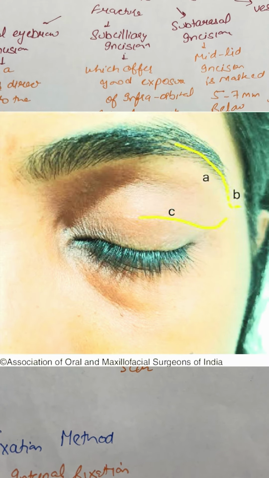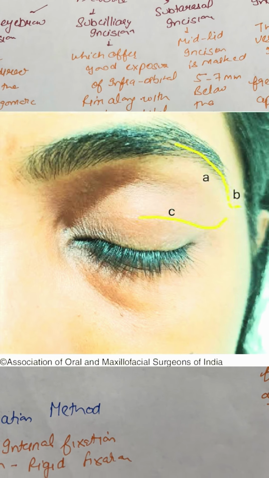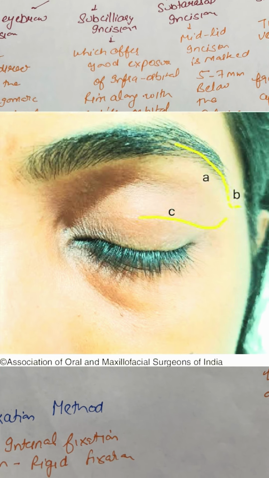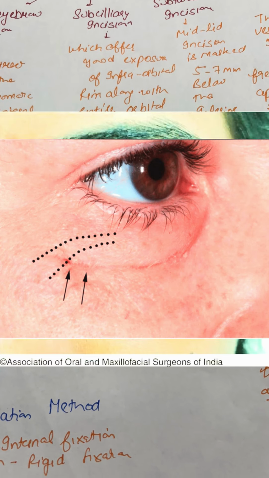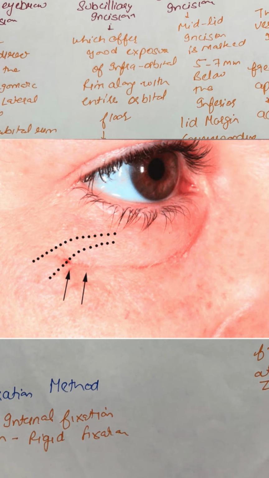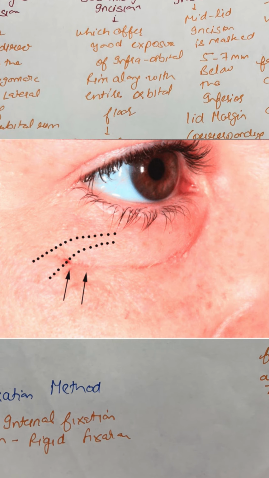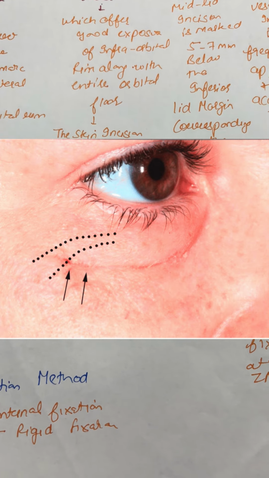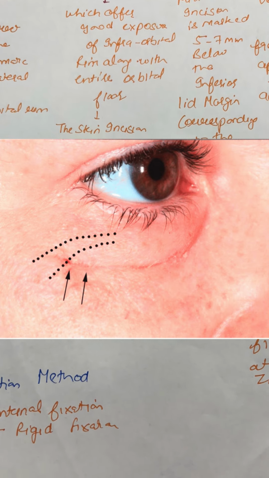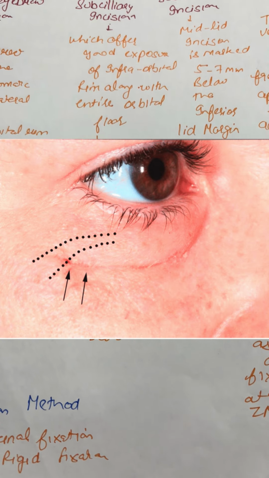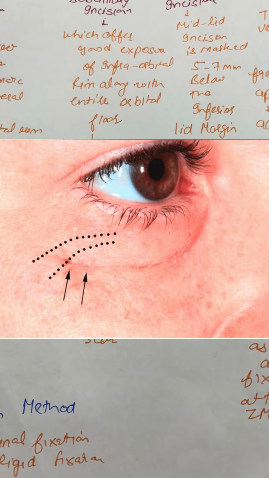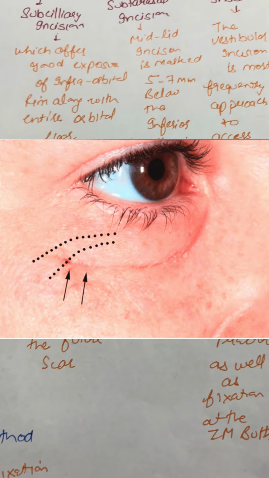Next one is the subciliary incision, which offers good exposure of the infraorbital rim along with the entire orbital floor. The skin incision is placed along the entire length of the lower eyelid, 2 mm below the level of the eyelashes, to conceal the future scar.